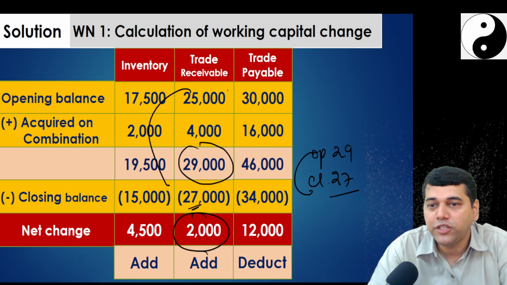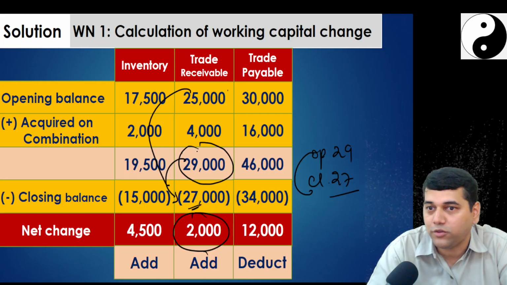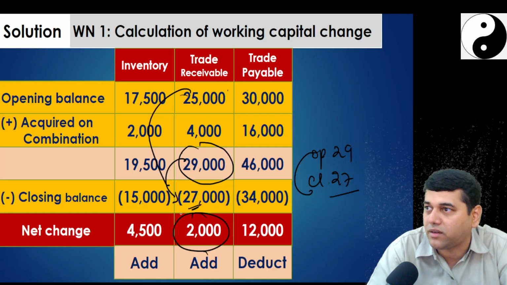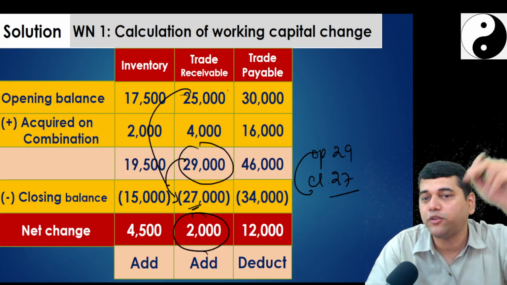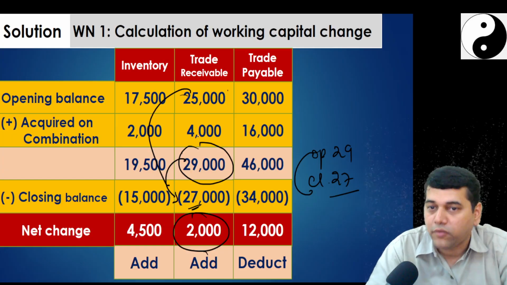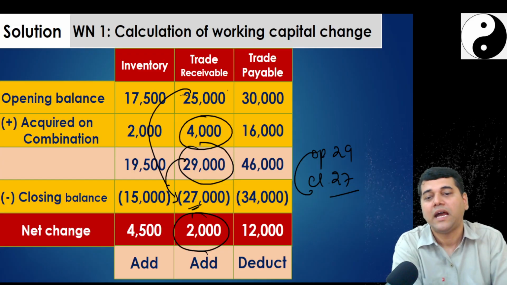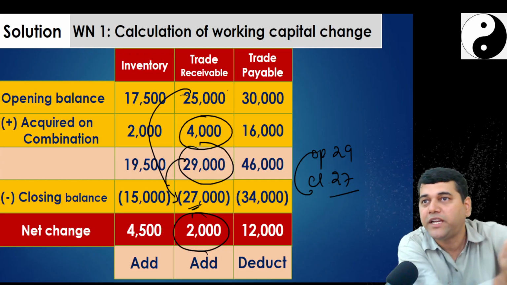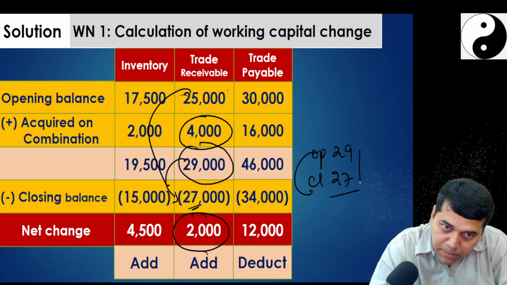So what you need to check is 29 to 27. You must have compared 27 to 25, then it will be the same number. No, you will get confused. You cannot compare 25 to 27. Why? Because in between that 4,000 came. Otherwise you would say I paid money to the customer. No, your customer balance got reduced.